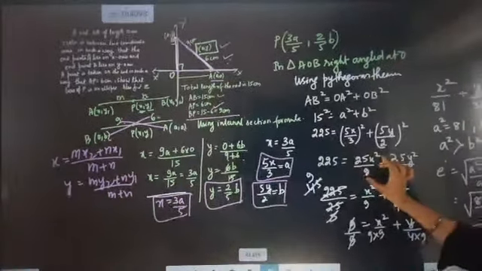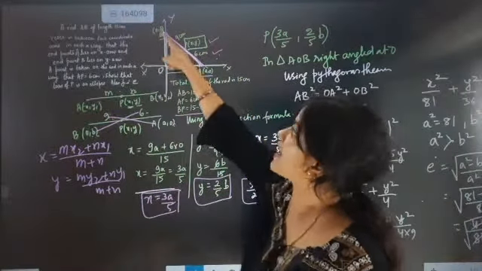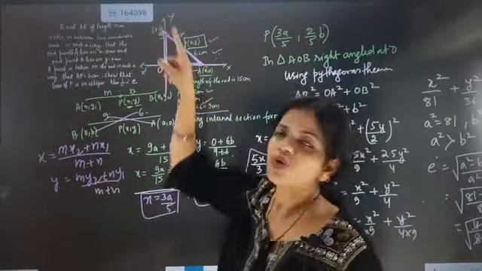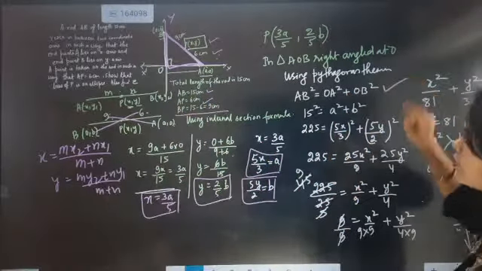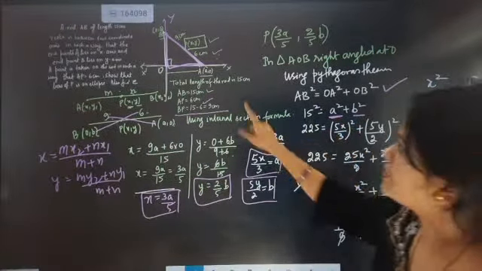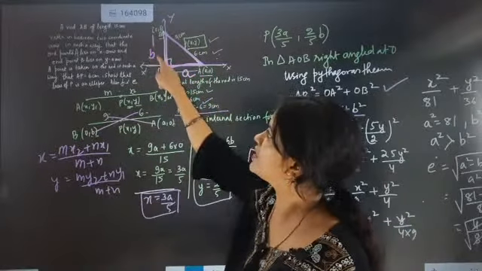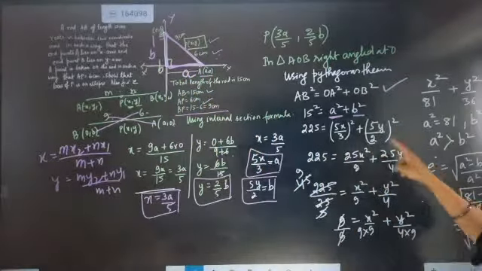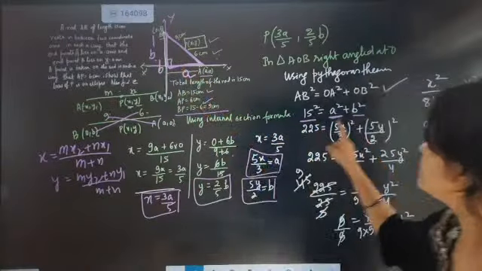After that, we are directly taking the triangle and telling that this triangle is a right angle triangle. So we used the Pythagoras theorem. The total length is a and this total length is b. By the Pythagoras theorem, hypotenuse square equals perpendicular square plus base square.